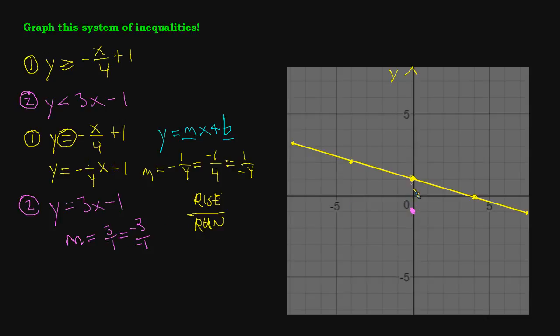So we rise 1, 2, 3 from the y-intercept, and then we run 1, and then we put a dot. And I'm going to do that again, rise from this dot, 1, 2, 3, and then run 1. And then, just for the heck of it, I'm going to show you that I can rise -3 and run -1. So we go from here, -1, 2, 3, and then run -1.